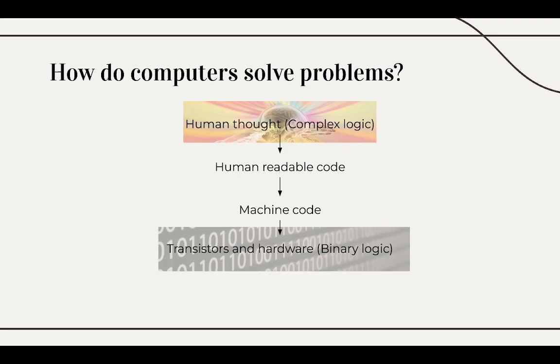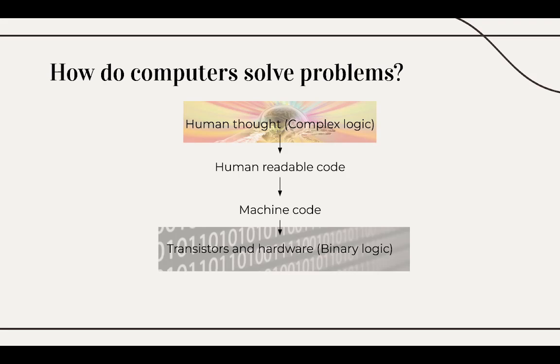This transistor has this result and passes it to the next one, that has one of two results and passes it to the next one. And the way that's controlled is by what we call machine code, which is just a really big string of ones and zeros that the computer is made to understand.